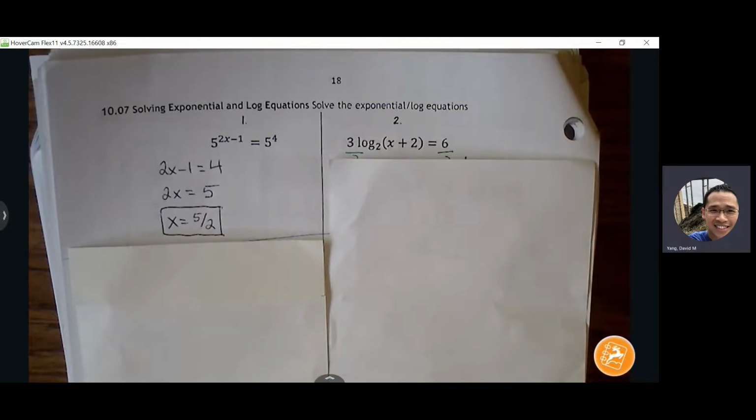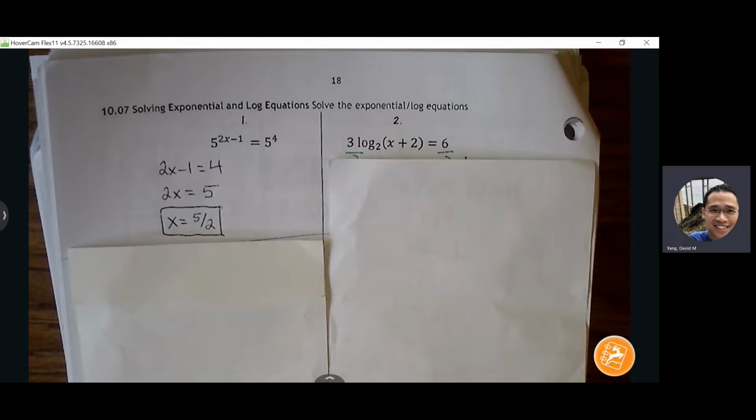We never have to worry about checking for extraneous solutions unless it's a log or a natural log equation to begin with, right? If this is an exponential equation, whatever solution you get, that's your solution. Don't have to worry about double checking or confirming with the original equation. Okay, questions with 1?